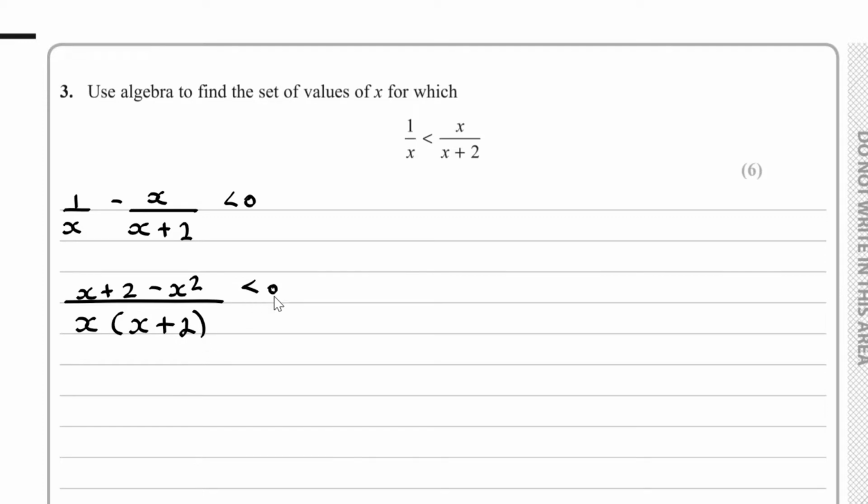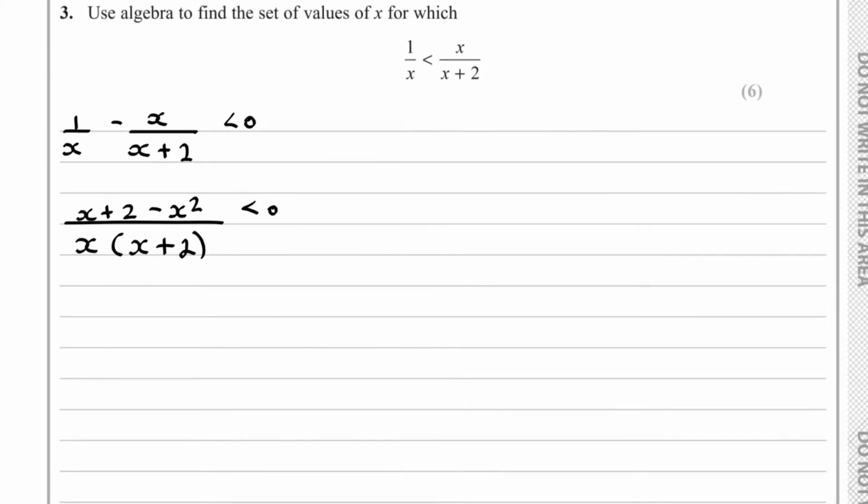If we multiply through by minus 1, then we have x squared minus x minus 2 over x lots of x plus 2 being greater than 0.